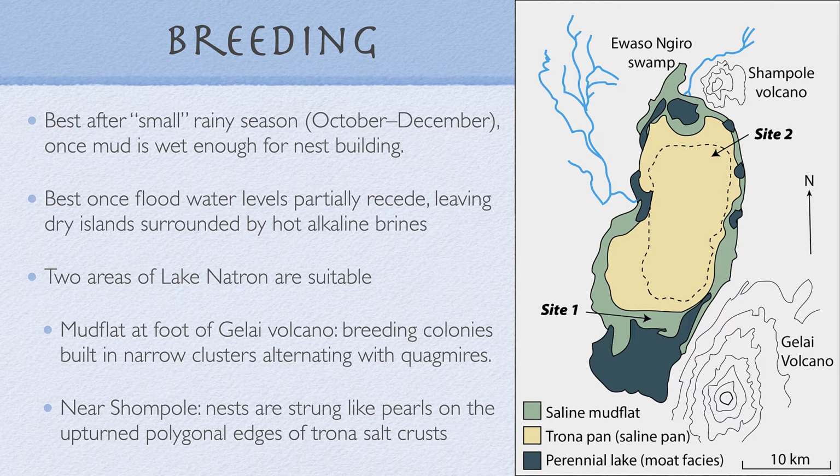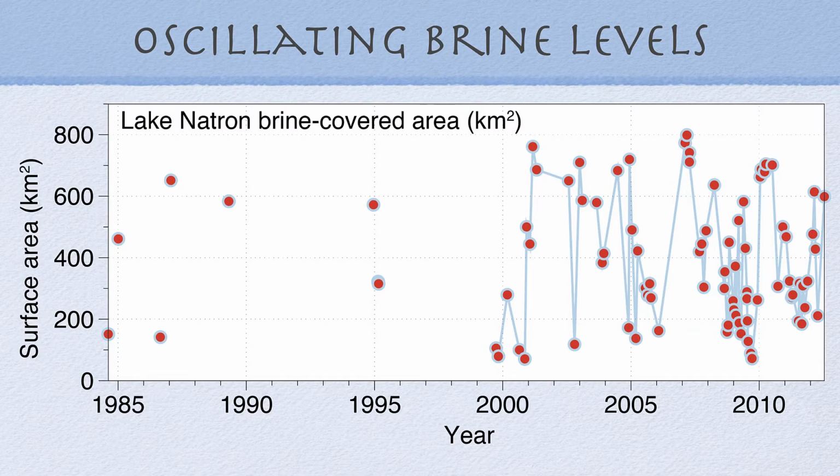And then to the north, near the Champollion volcano, there is also on the actual Trona platform itself a series of nesting sites where nesting occurs around the shallow areas surrounding the upturned polygonal edges, the megapolygon edges of Trona salt crusts. And you can see how breeding takes place as lake levels oscillate.